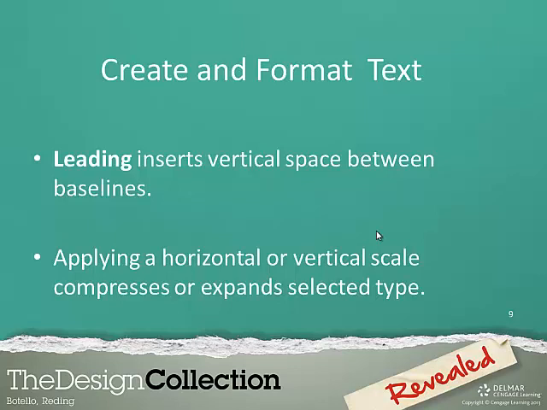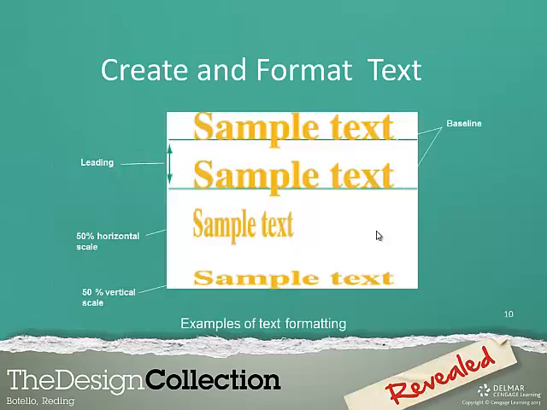You can adjust the leading, which is the vertical space between your baselines, or apply a horizontal or vertical scale, which compresses or expands selected type. And this here shows your sample baselines. It shows leading. It shows a 50% horizontal scale, a 50% vertical scale there to the text.